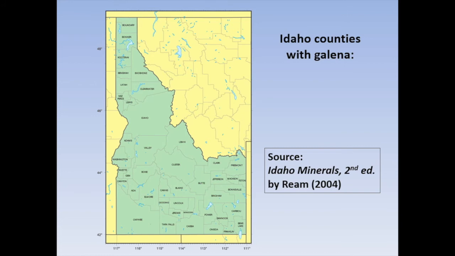I should point out that the source of these counties is an excellent reference by Ream, published in 2004, his second edition of Idaho Minerals. It's an exhaustive study looking at the minerals that occur in Idaho. This book is available online and at the gift shop at the museum.